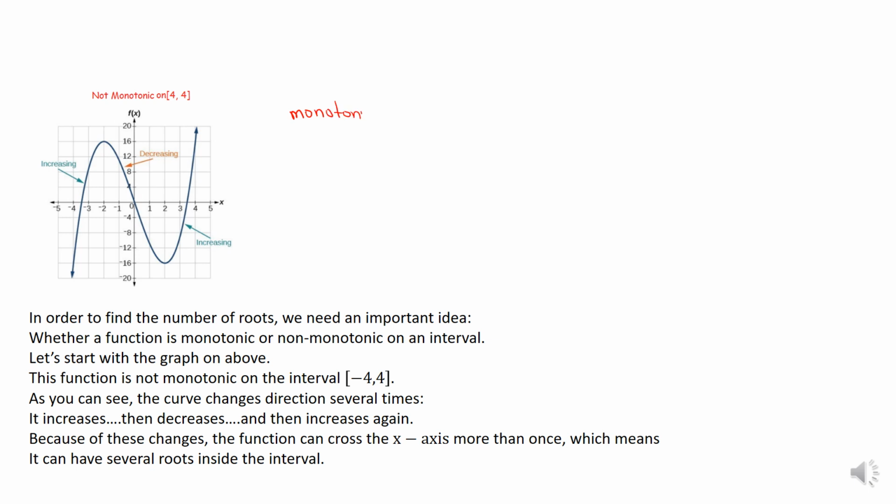Monotonic means it is either always increasing or always decreasing. In the graph above, you can see that the function increases, decreases, then increases again.